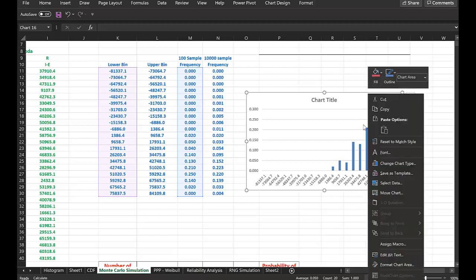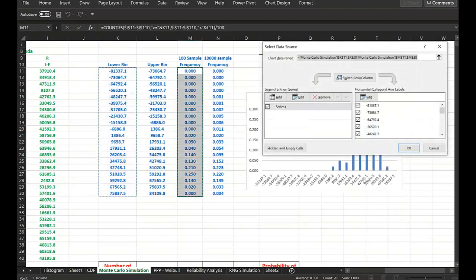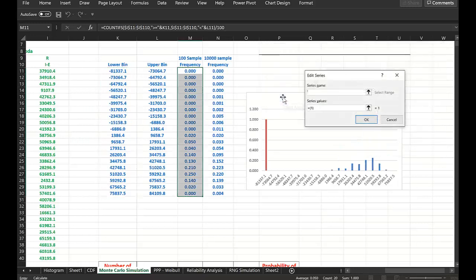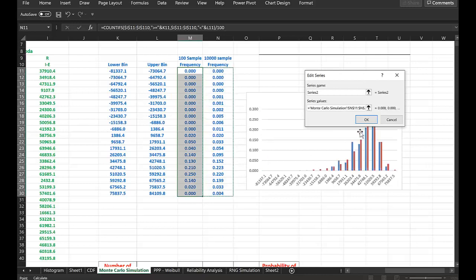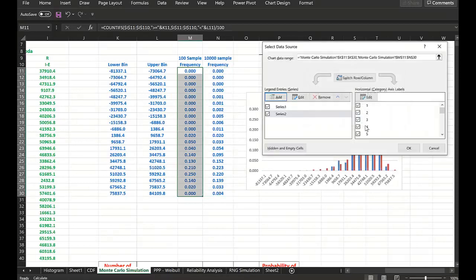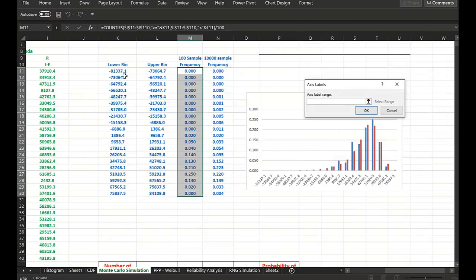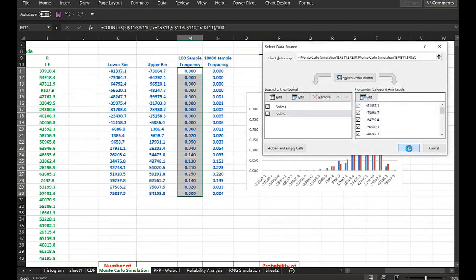Now in the same graph, let's plot for 10,000 samples; the first one is for 100 samples. Let's add one more, and call this series 2, and in this case the values are here. So we can plot this here, and the x-axis is again this lower limit, the lower bin sizes.